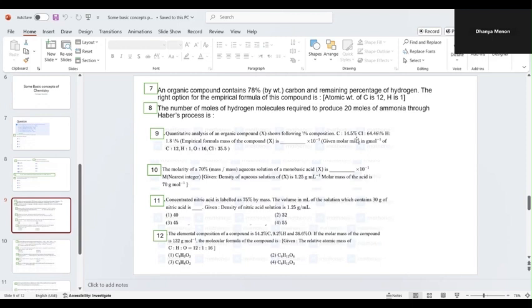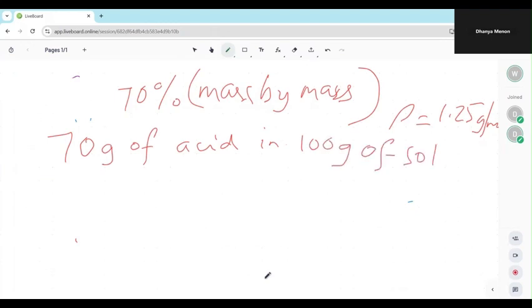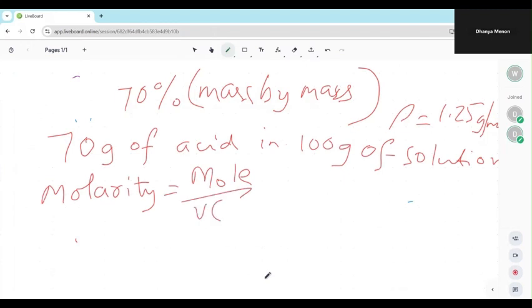Now, I'll just share the screen. You have to find the molarity. You know the formula, but we have to gather some information. The 70% mass by mass, or weight by weight, means 70 grams of the acid in 100 grams of solution. For molarity, we have moles over volume in liters, right?